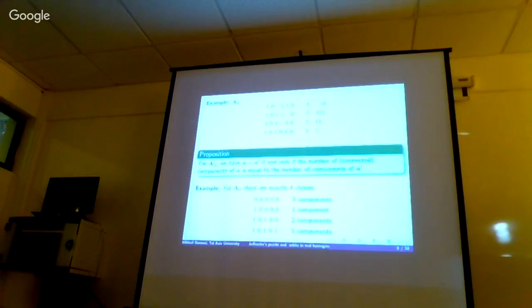That answers your question for A5, and even for A_n. The number of classes is 4, but if we have A7, then the number of classes will be 5. So it can be odd.